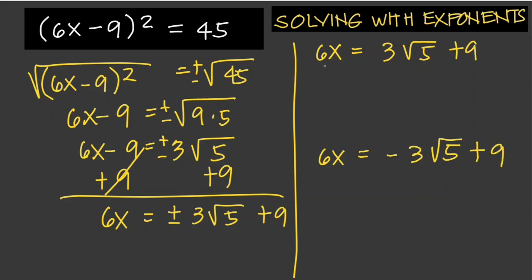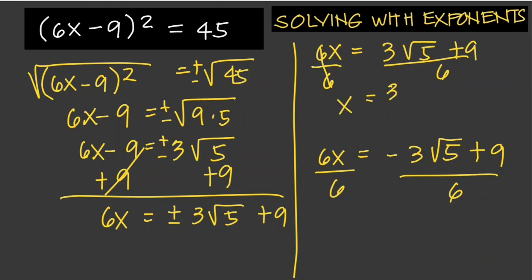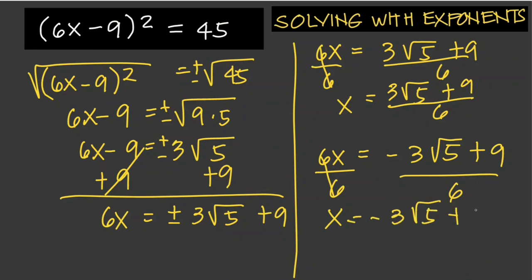Then we can simplify by dividing both sides by 6. Okay, the same as here. This cancels out. So x here is just 3 square root of 5 plus 9 over 6, and here x is equal to negative 3 square root of 5 plus 9 over 6.